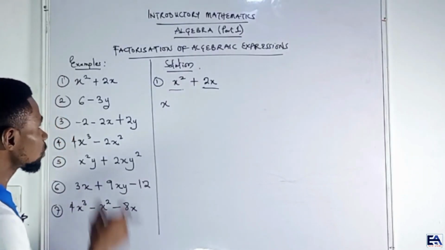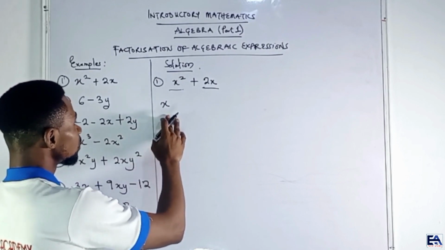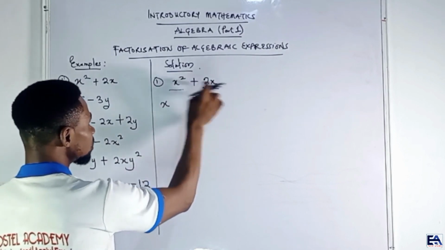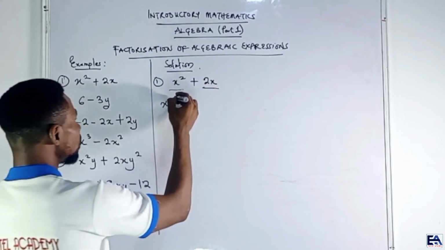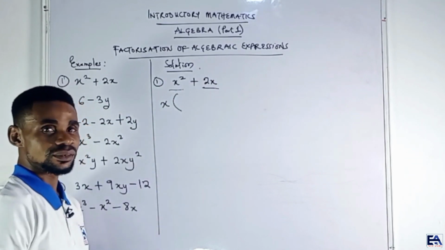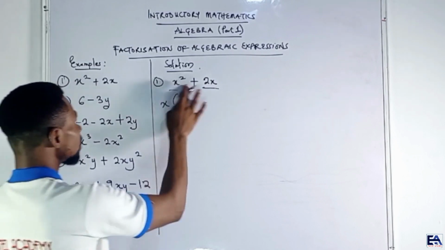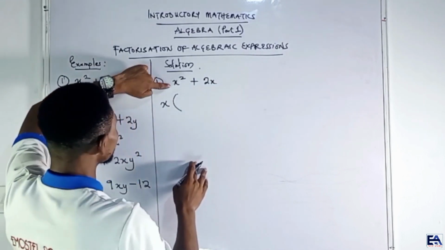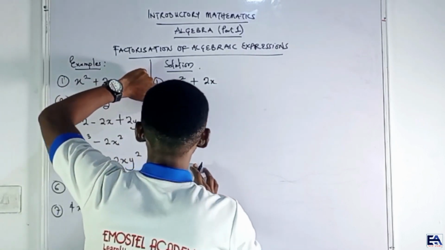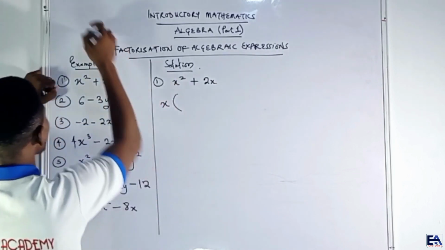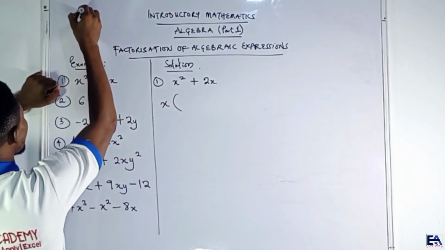Now, since we have been able to get a common factor, we use that common factor to divide each term and then collect the results in a bracket. I know this might be confusing, but just watch how I do it. The first term is x squared, x raised to the power 2.